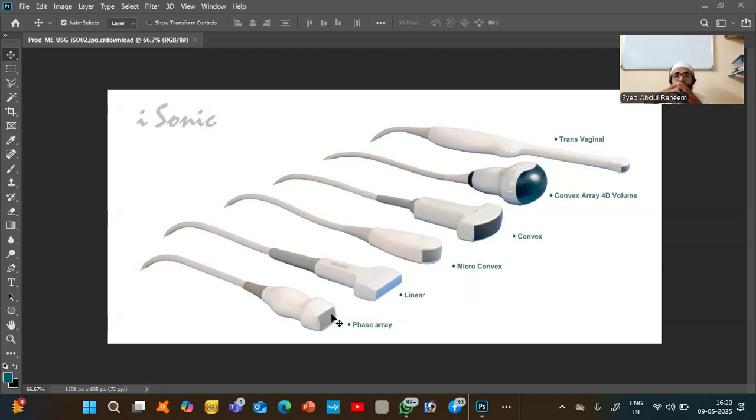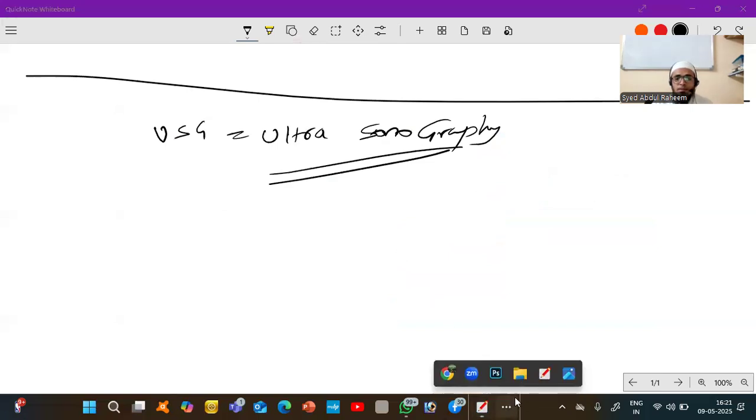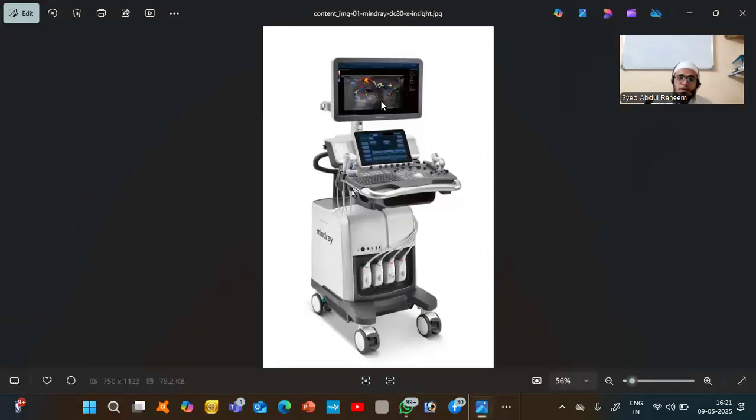The waves take the detailed structure of the internal organ, and again the sound waves are converted into electricity. From the electricity, the probe will catch those waves and it will display them in this picture.